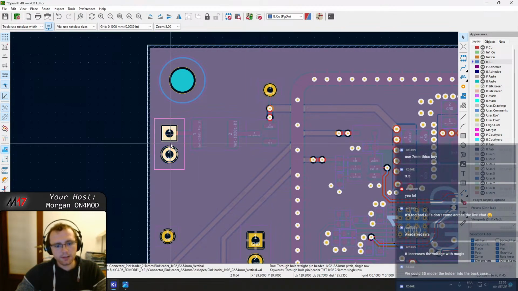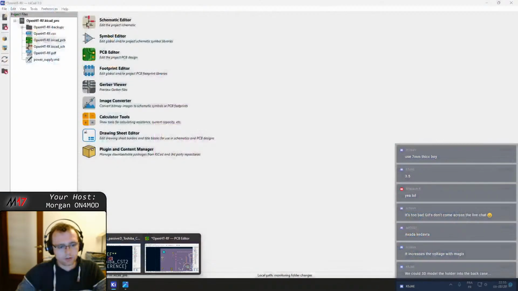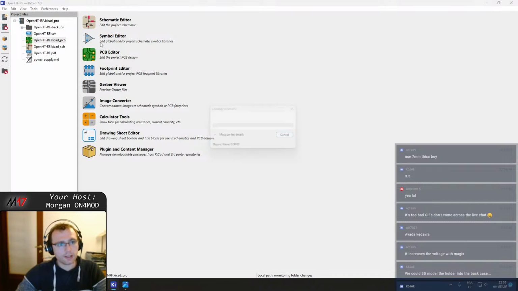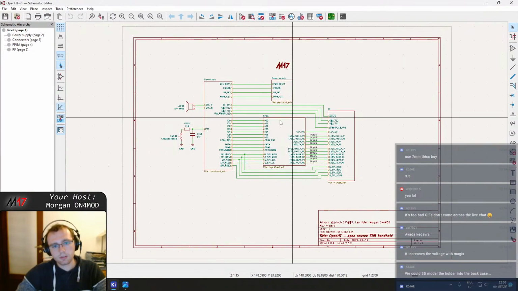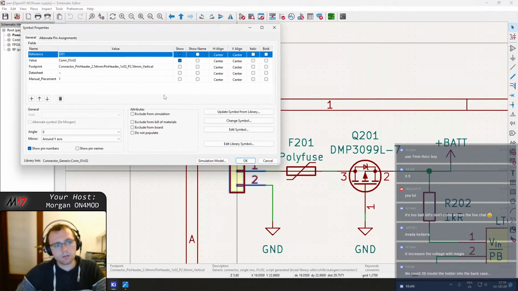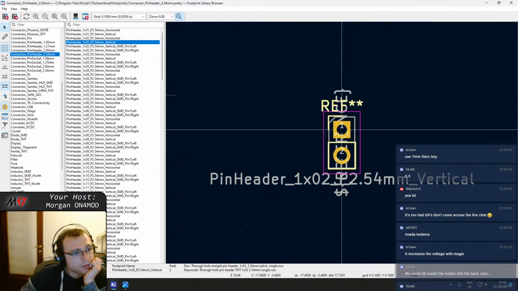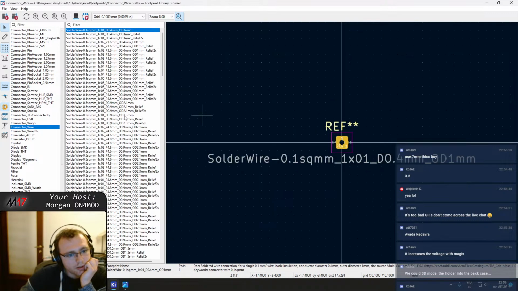So that means that this needs to change, and let's have a look at the schematic. The battery connector, it's in the power supply. Here, footprint, blah blah. Connector, where would it be? A wire, maybe?